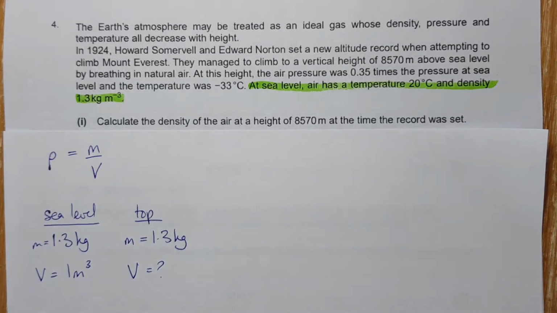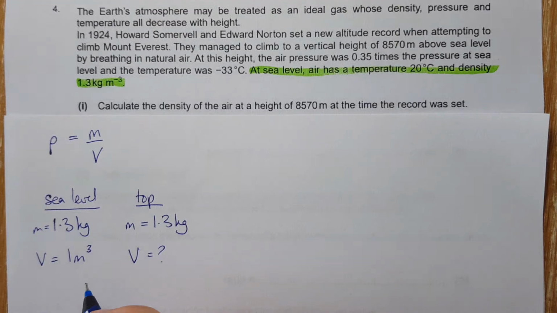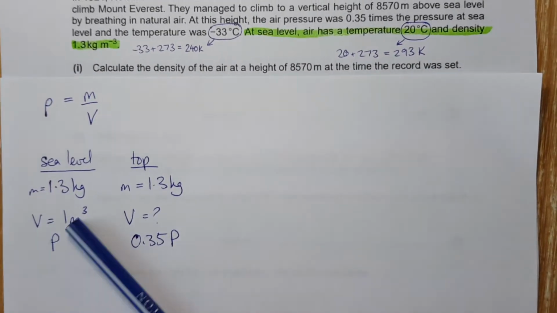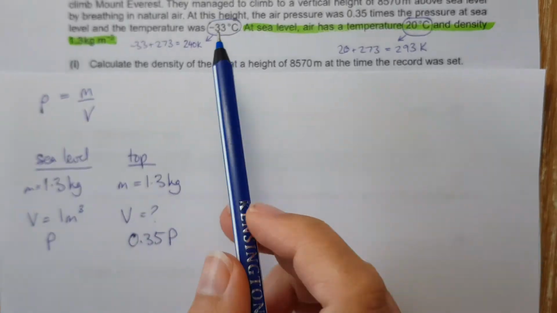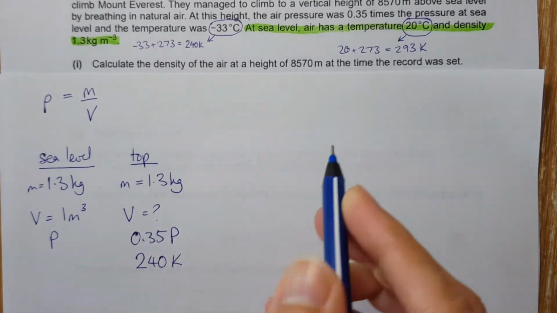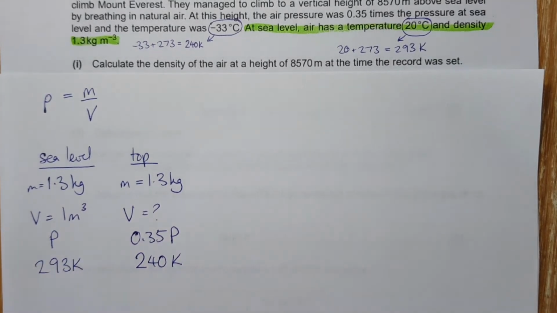Now, if you look at the other information that we're given, we have got that the pressure at the top of the climb is 0.35 times the pressure at sea level. And then converting to Kelvin there, we've got the temperature at the top, 240 Kelvin, and the temperature at sea level, 293.